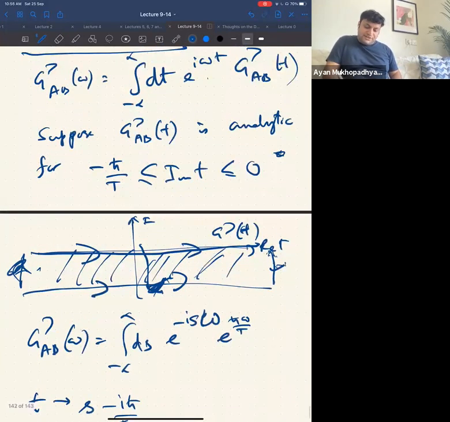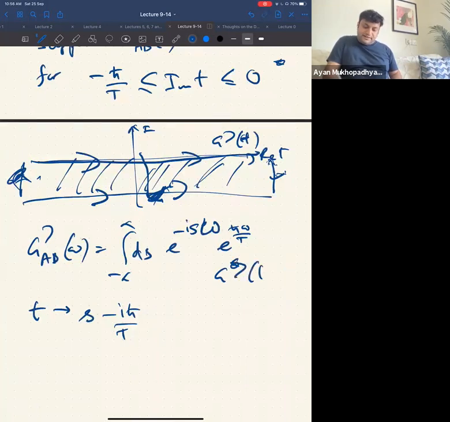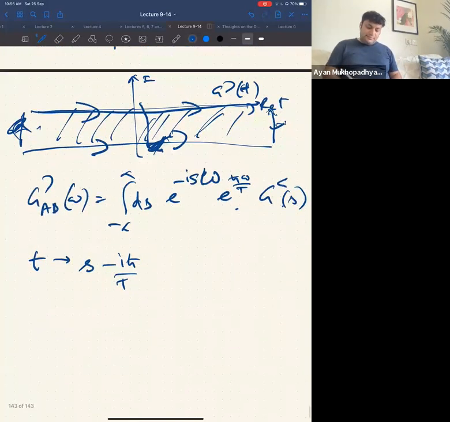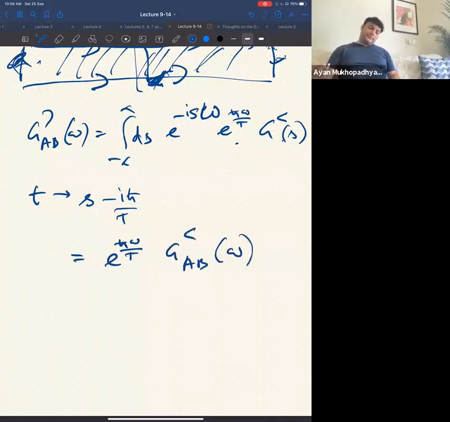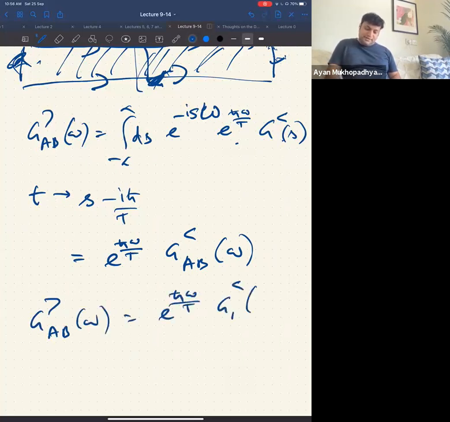Finally I would get G greater t minus i h bar by t, which is nothing but G less itself. So I can take it out and it becomes e to the power h bar omega by t, and whatever remains is nothing but the Fourier transform. So in real space it becomes G greater AB omega; in Fourier space it becomes this thing, G less AB omega.